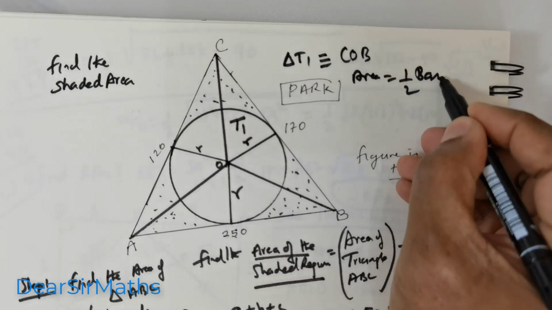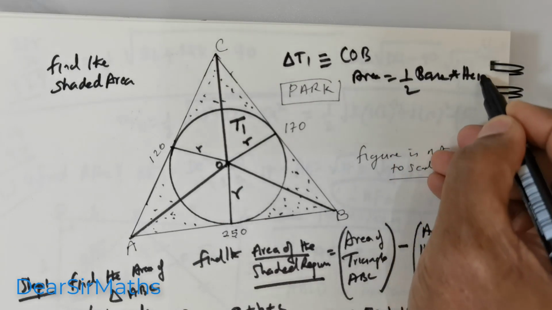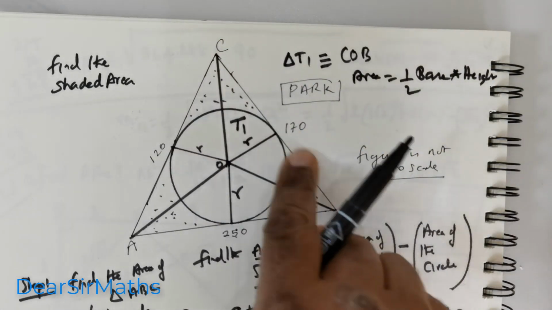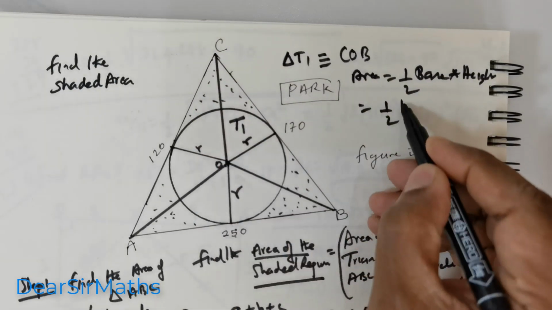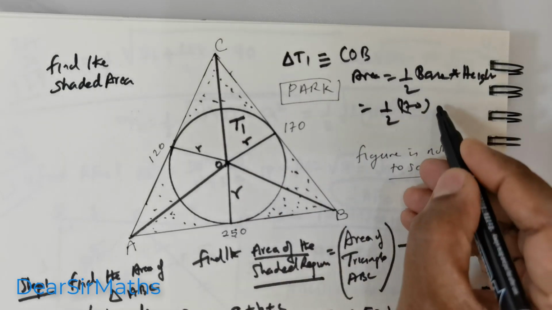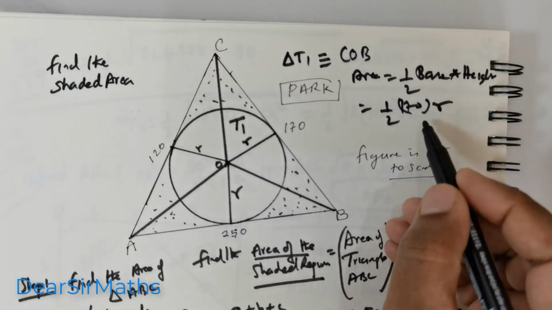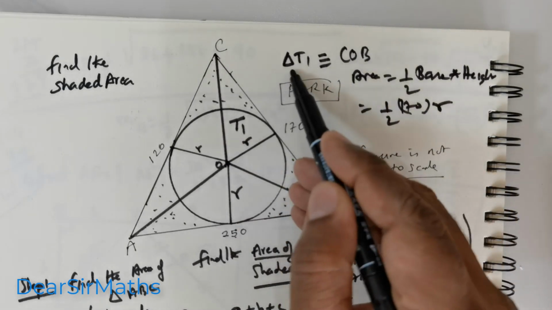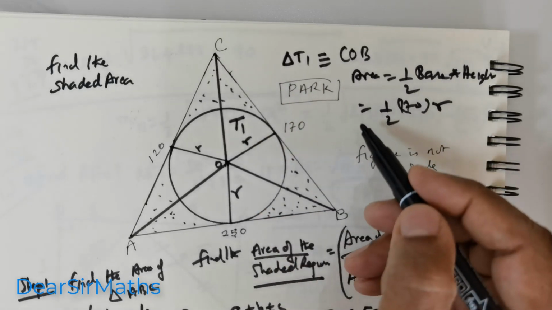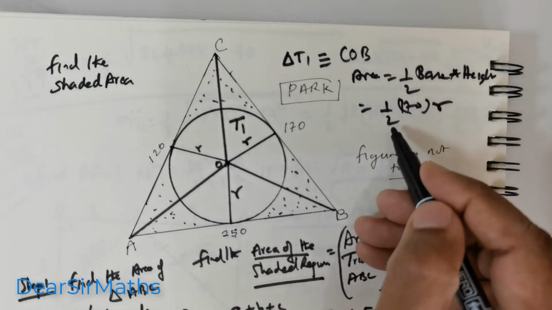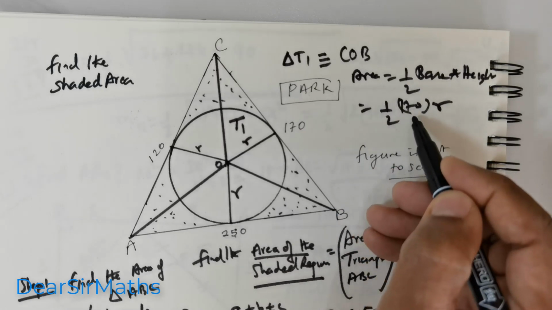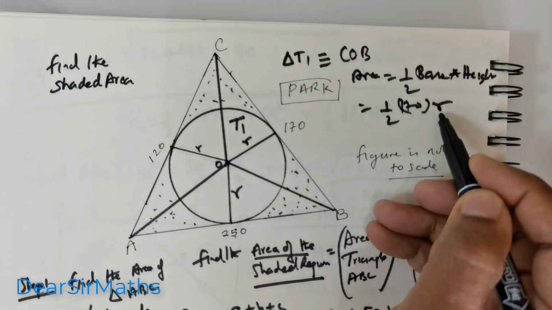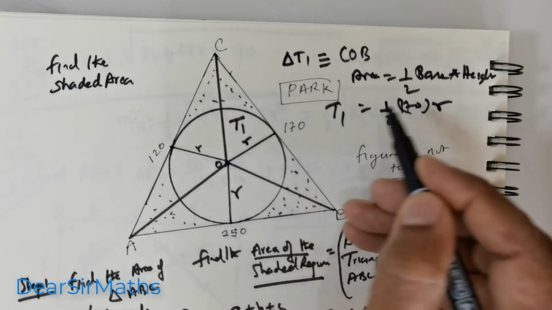That's the formula I'm going to use. Now what is the base? Base is nothing but 170. What is the height? Height is going to be r. So the area of T1, or triangle COB, is half times 170 times r.